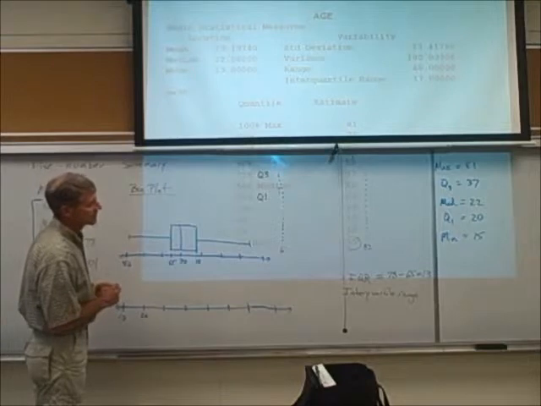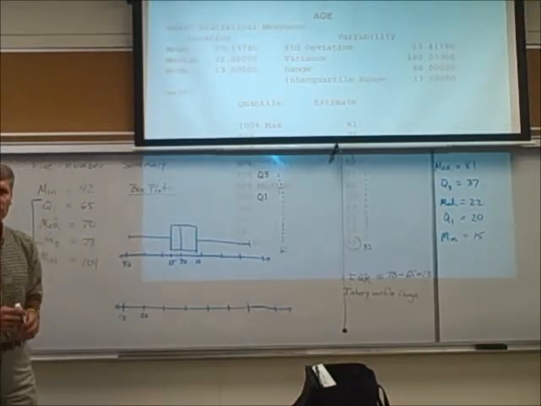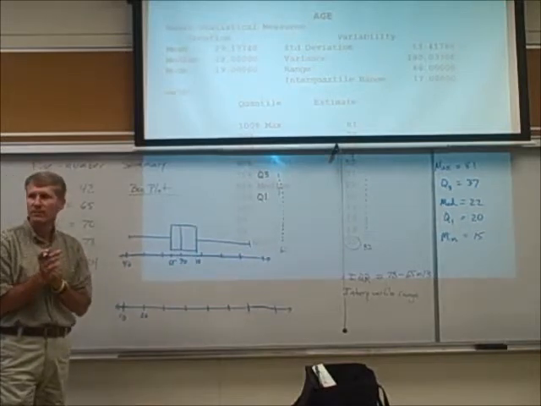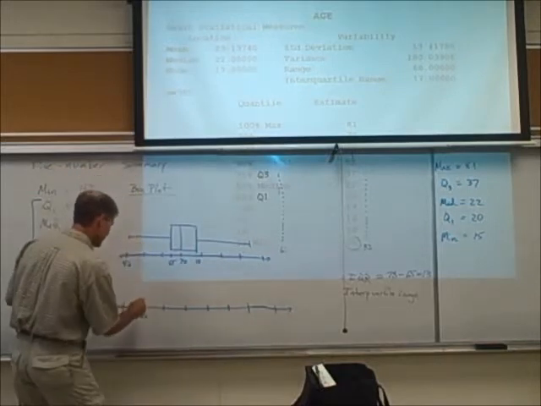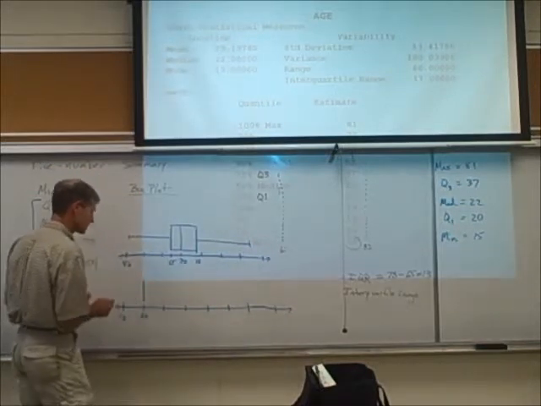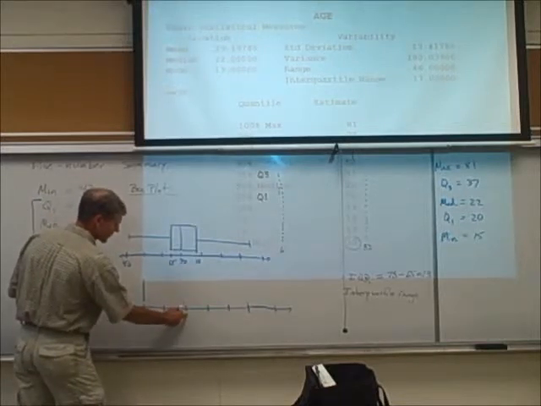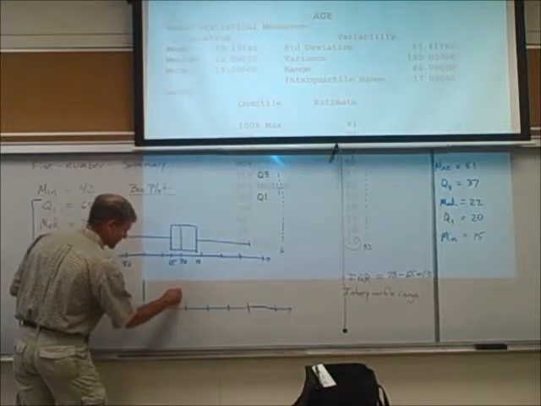Okay, so then what do we draw first? We draw the box, and the box goes from Q1 to Q3. Q1 is at 20, so I'm going to draw the left edge of the box. Q3 is at 37, so this is 30, that's 40. So 37 is just back a little ways from the 40.